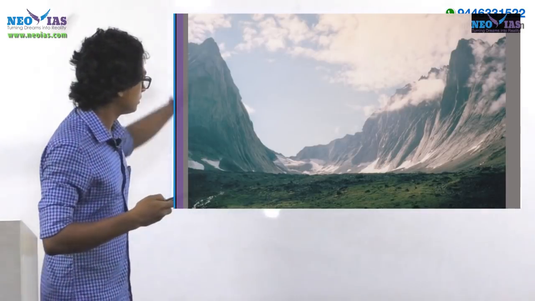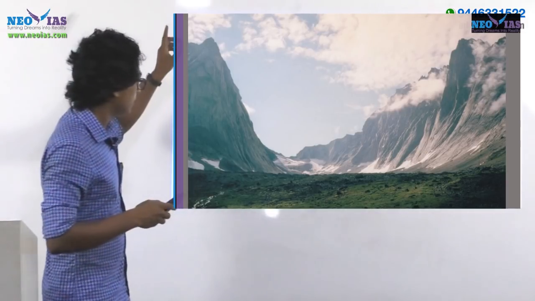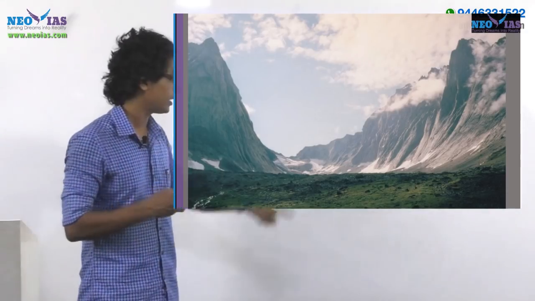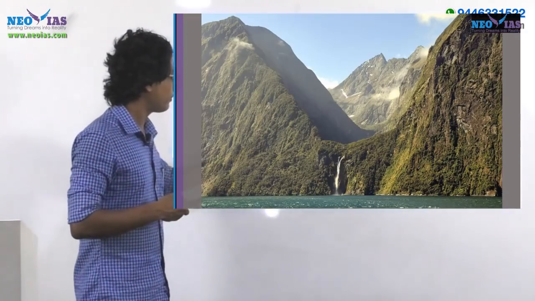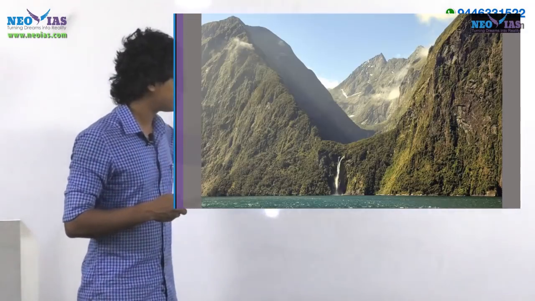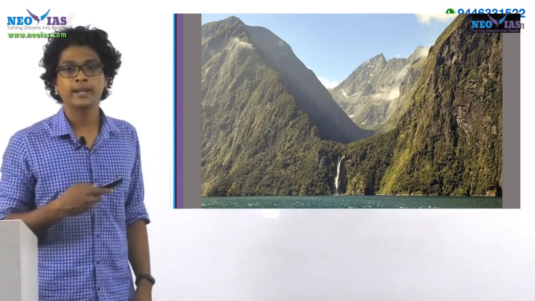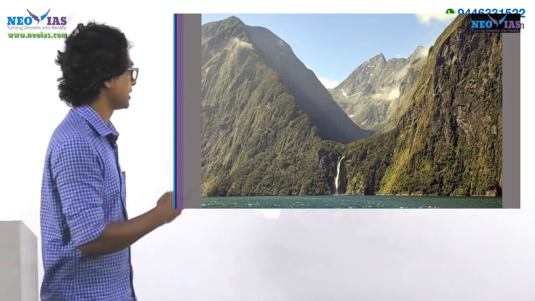Okay. Now this is an example of a U-shaped valley, right? Its name is from its shape itself, U-shaped, right? So the U-shaped valley as well as the hanging valleys are created by glaciers in the glaciated region.